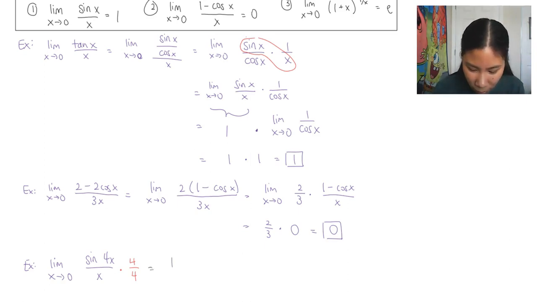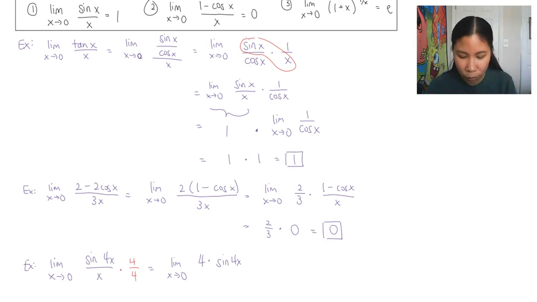So if I were to rewrite this, it would be 4 times sine 4x, where that first 4 was from me multiplying by the 4 at the end. But then I'll have the 4x at the bottom in the denominator.